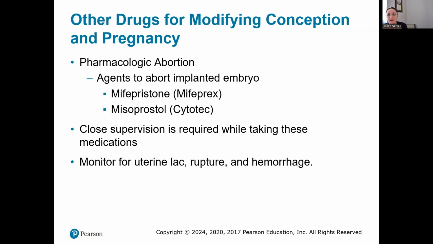It really should not be taken at home, okay? Monitor, because you can have a uterine laceration, you can have a uterine rupture, or you can start hemorrhaging, okay? These are not things to be played with. These are very serious medications that really need to be done under a doctor's care if we had these available.